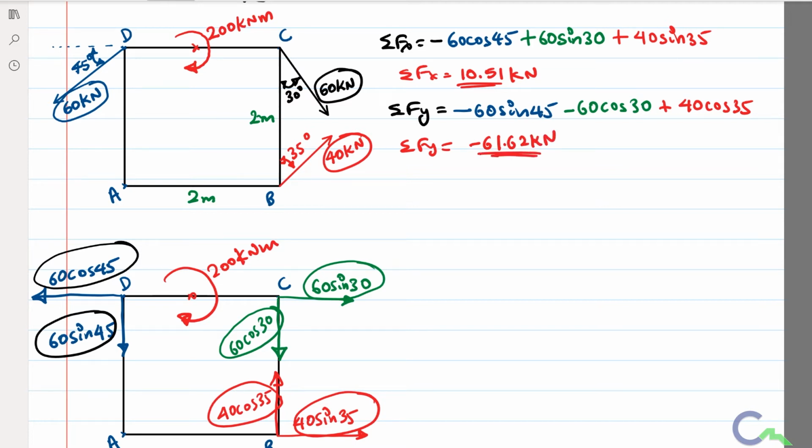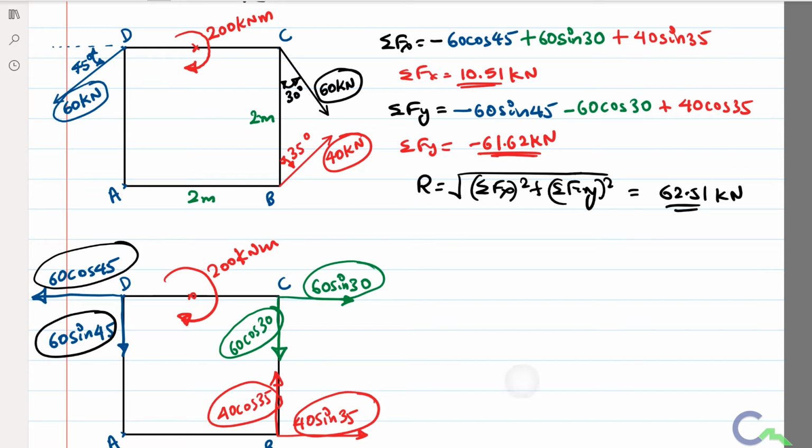Once we get sigma Fx and sigma Fy, I can calculate R, the resultant, that is the square root of sigma Fx square plus sigma Fy square. If I do the calculation, I am going to get 62.51 kilonewton.